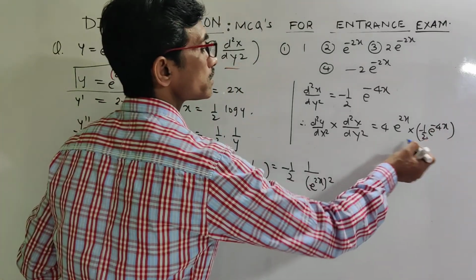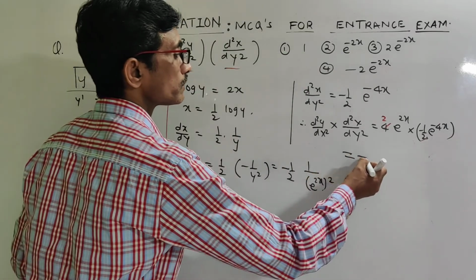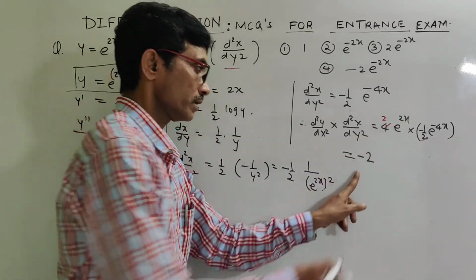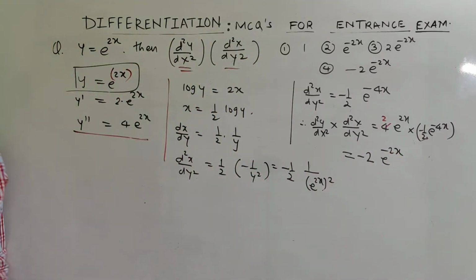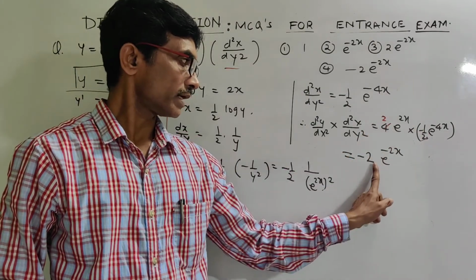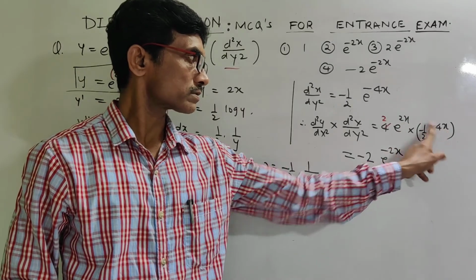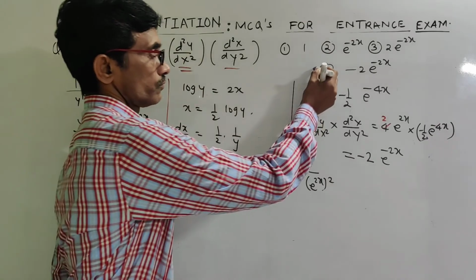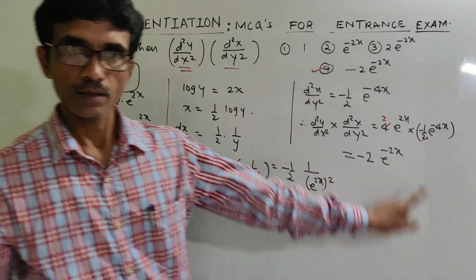Cancelling, it is minus 2, with the minus sign, and e raised to power 2x upon e raised to power 4x, which is e raised to power minus 2x. So the fourth option is correct, which is minus 2 into e raised to power minus 2x.